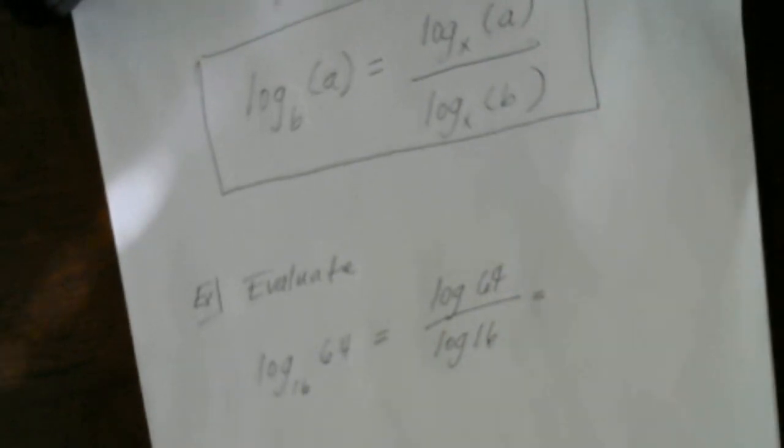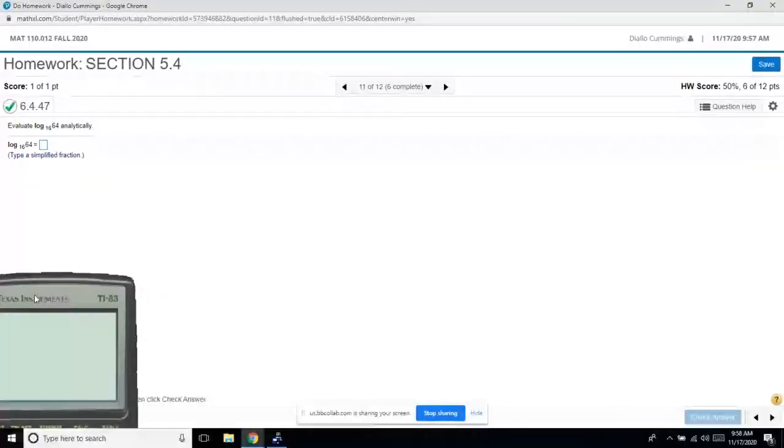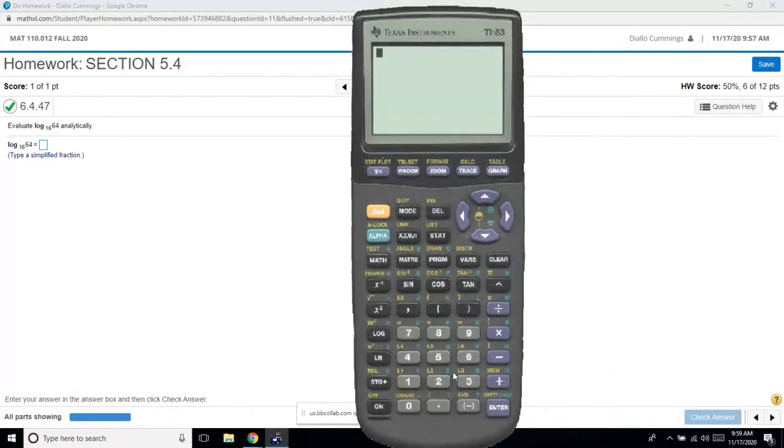So I'm going to put that into the calculator. I'm going to put in the log of 64, close off my argument, divided by the log of 16. Here again, I'm going to close off my argument.